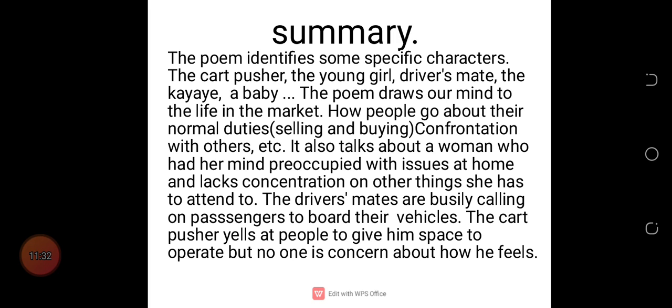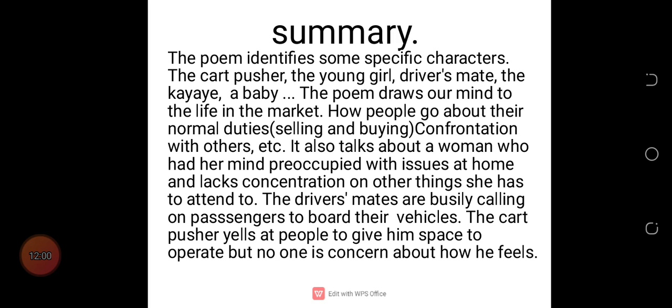That's an interesting poem, a very interesting one. Now let's look at the summary of the poem. So the poem identifies some specific characters. So we have the cart pusher, normally the truck pusher like we said, the young girl, that's the teenager, the driver's mates, the kayaye. Then we have a baby mentioned, and then the woman who also left the house worried.